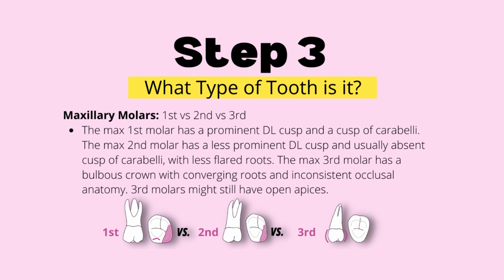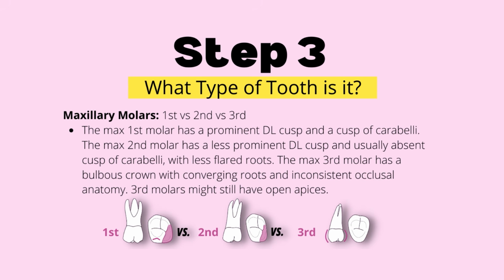The maxillary second molar is going to have a less prominent distal lingual cusp, no cusp of Carabelli, and less flared roots. The maxillary third molar is going to have a bulbous crown, converging roots, and inconsistent occlusal anatomy. The third molar might also have open apices because it hasn't fully developed and it was extracted probably in a teenager before the tooth was fully developed.